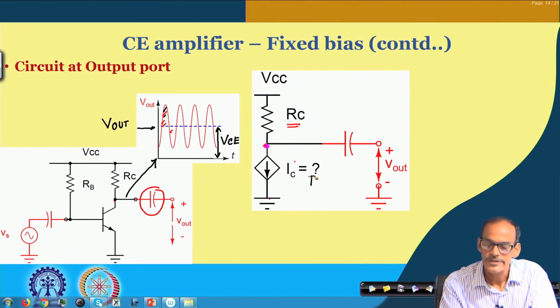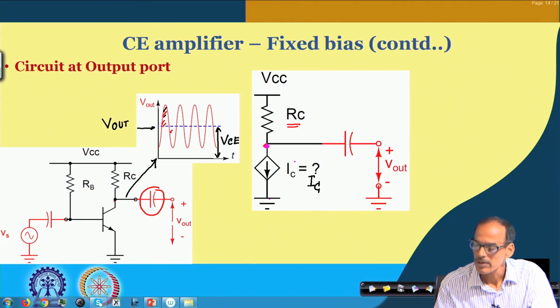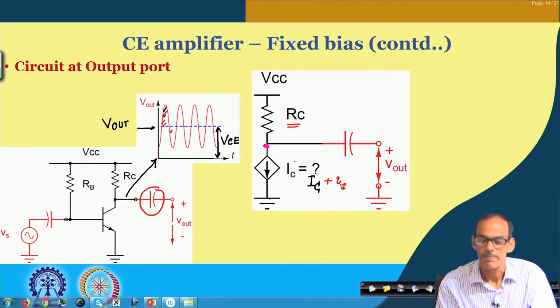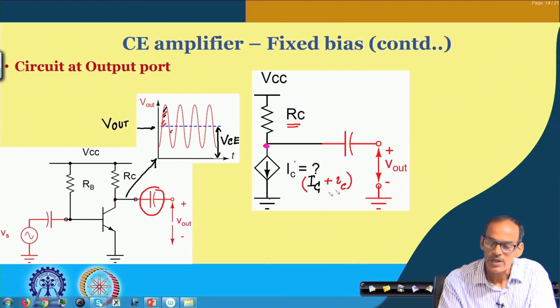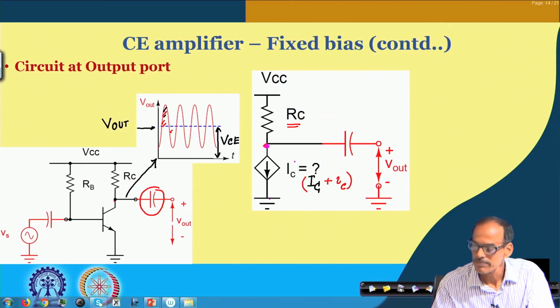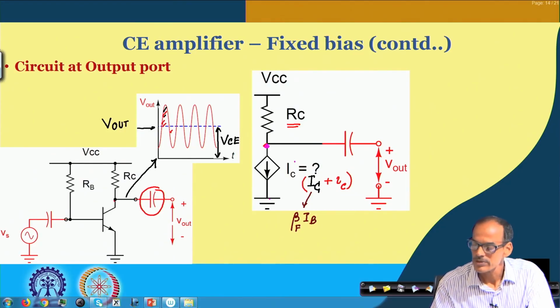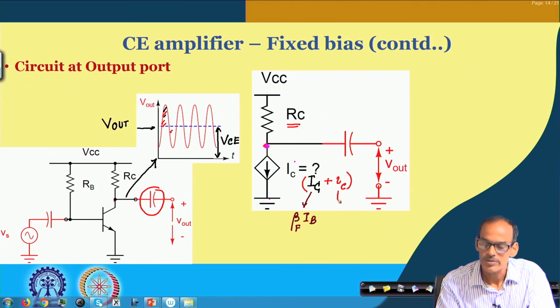One is the DC part, capital I C, and then also the small signal part, small i c. This capital I C, as I said, is beta times I B, whereas the small signal part here is also beta multiplied by I B.